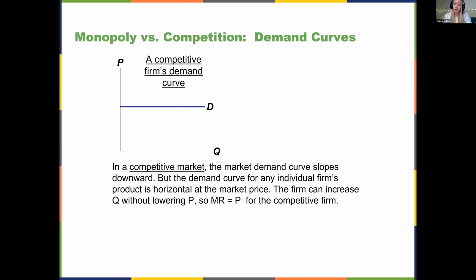So if one farmer out of the whole group of hundreds and hundreds of farmers decides to raise their prices just a little bit from what everyone else is selling at, no one is going to buy from them, right? Every other farmer in the neighborhood is selling the exact same wheat. So why would anyone buy from this more expensive farmer?